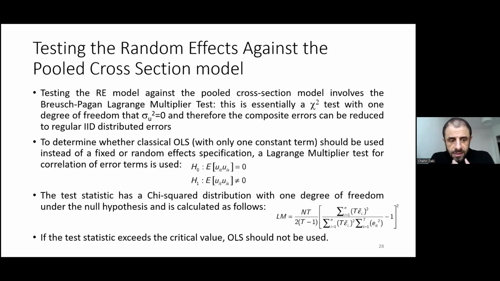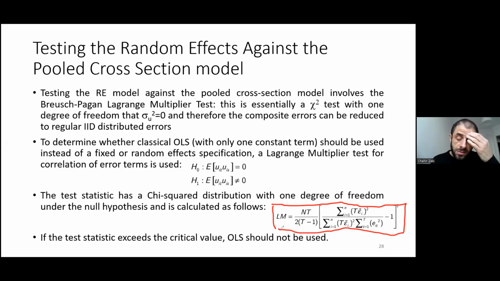So this test statistic that follows a chi-square distribution with 1 degree of freedom is calculated, as you can see here at the end of the slide, where the Lagrange multiplier will be calculated depending on the number of individuals, the number of periods or time that we have in our data set, and then different calculations for the error term.